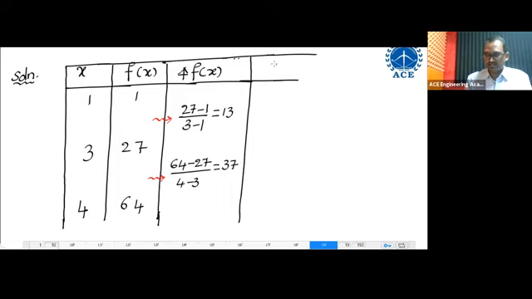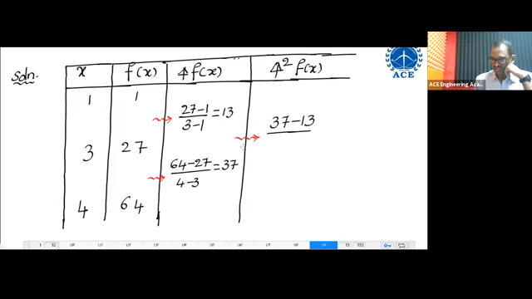Now, second order divided difference. You have to write this table until the last column contains only a single value. Now look here. Between these two, this value minus this value, that is 37 minus 13, and be careful about the denominator.